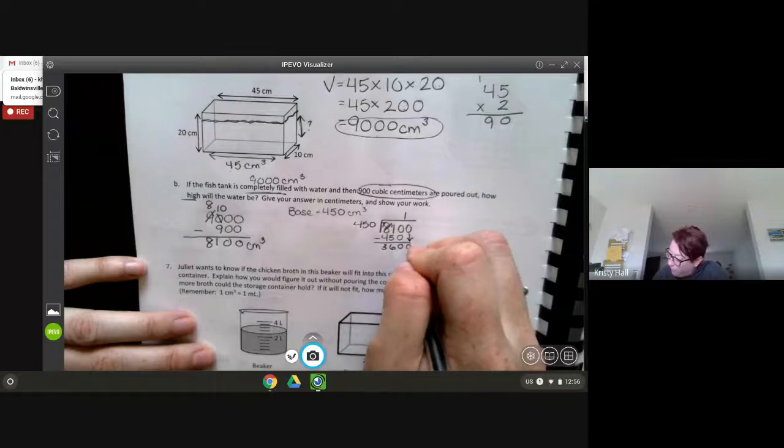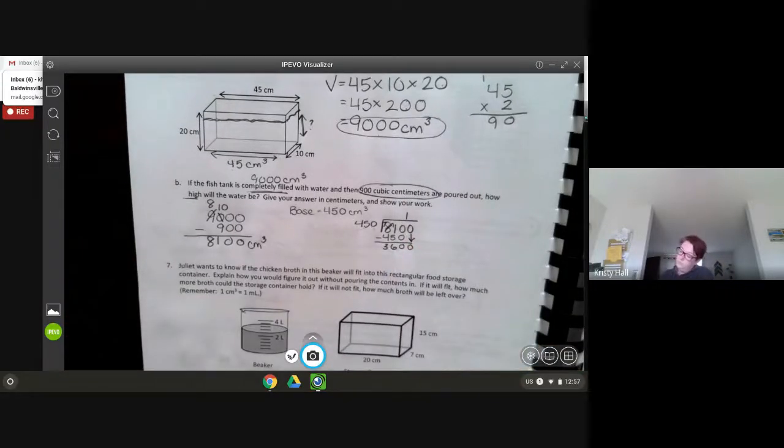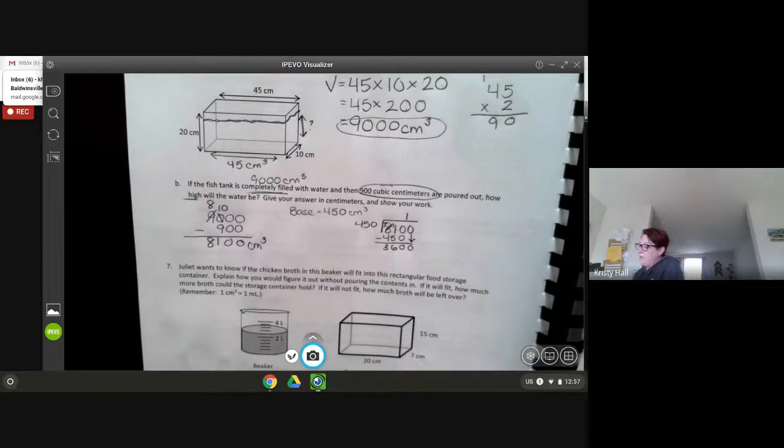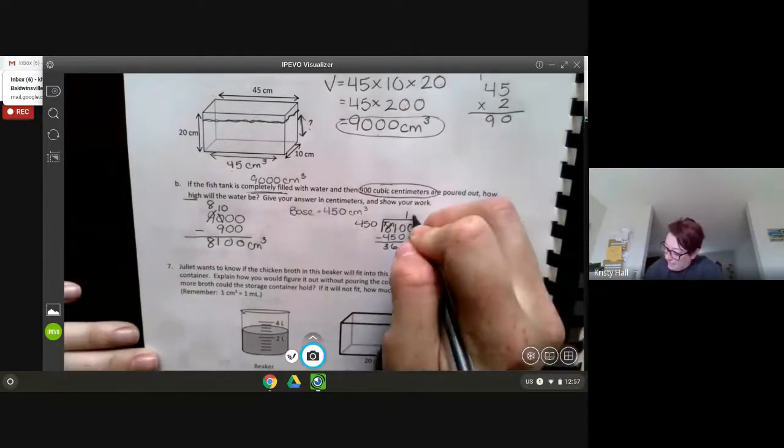And then I'm going to bring this down. Okay, so how many times does 450 go into 3,600? So I want to think about, if I ignore the zeros and just think about, say, 45 and 360, that could help me. It's going to end up being 8.